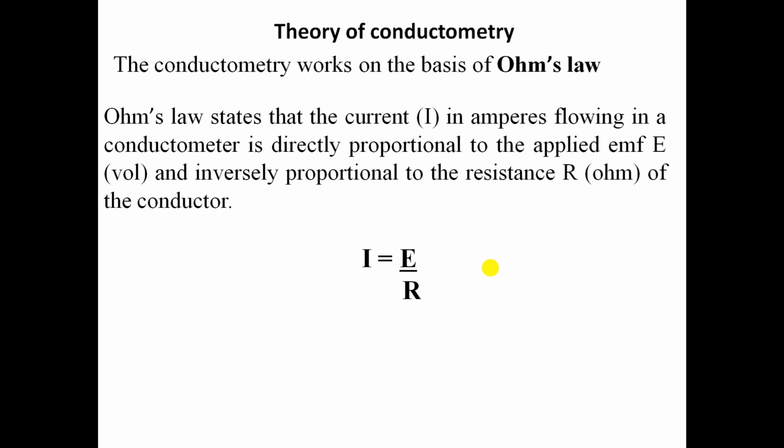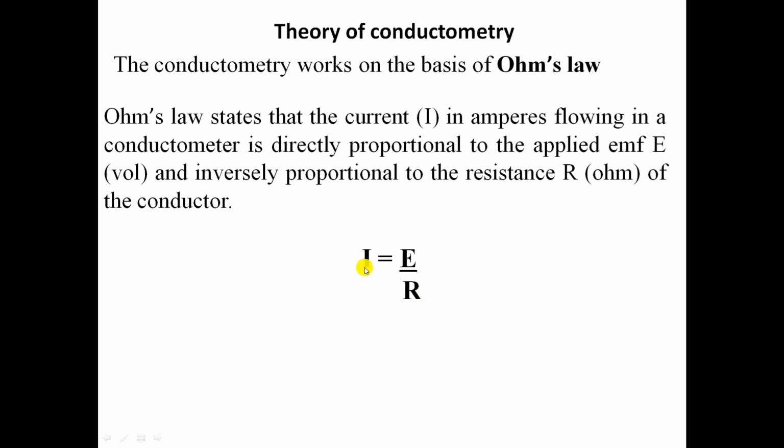The theory of conductometry works based on Ohm's law. Ohm's law states that the current in amperes flowing through a conductor is directly proportional to the applied EMF and inversely proportional to the resistance of the conductor.